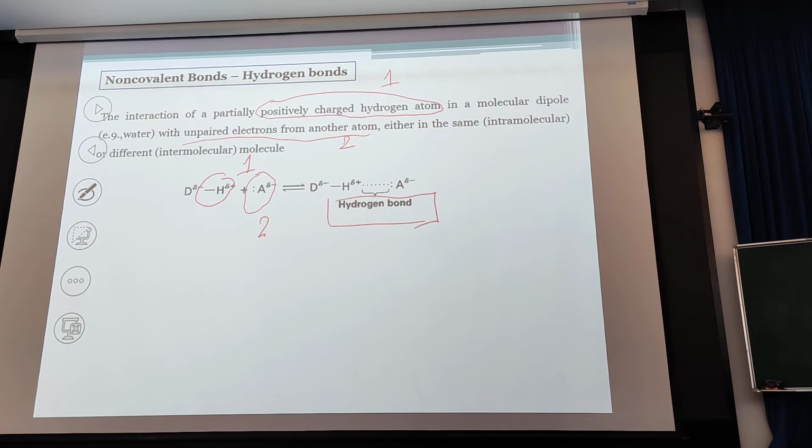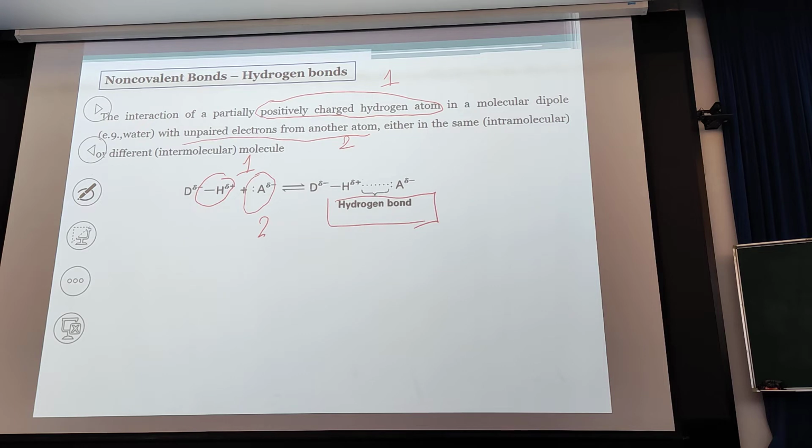You see that the hydrogen atom forms a covalent bond with only one other atom, the donor D here. So in the D-H covalent bond, the hydrogen may form an additional weak association with one acceptor atom A here, through the non-bonding pair of electrons.